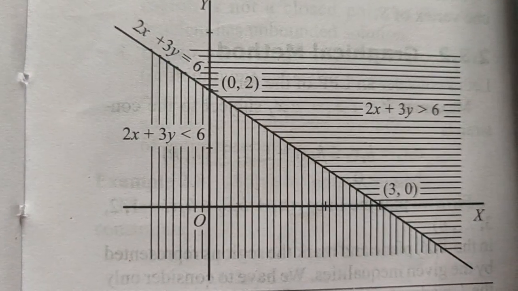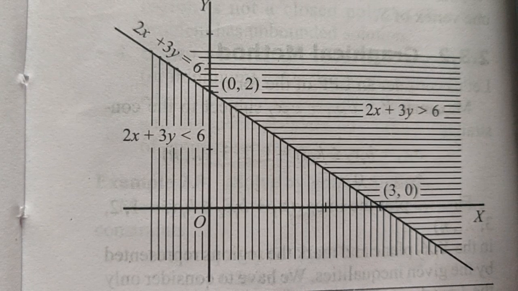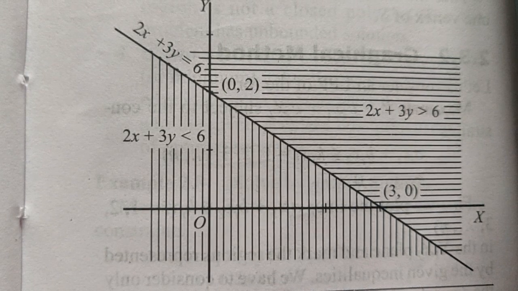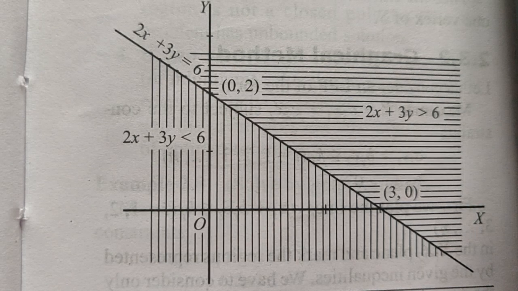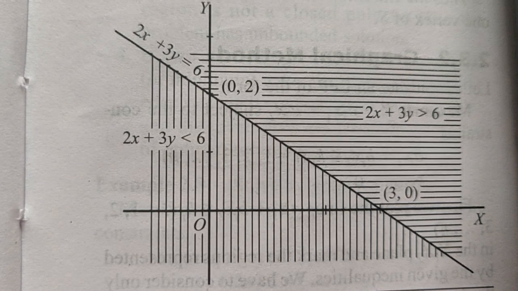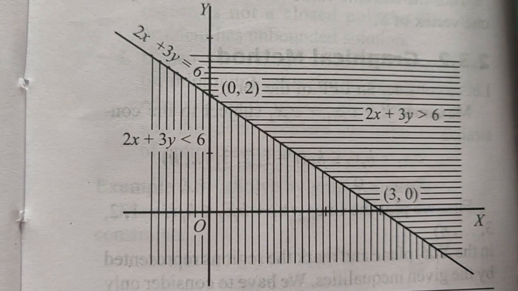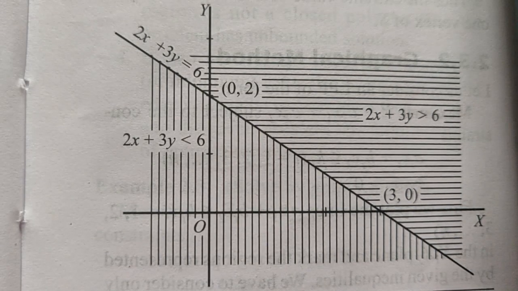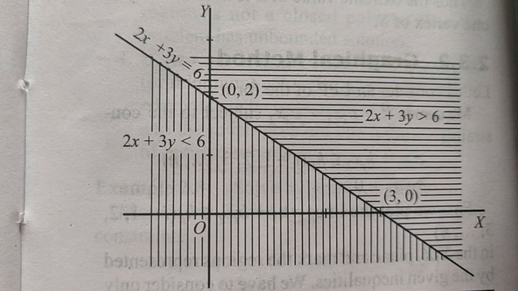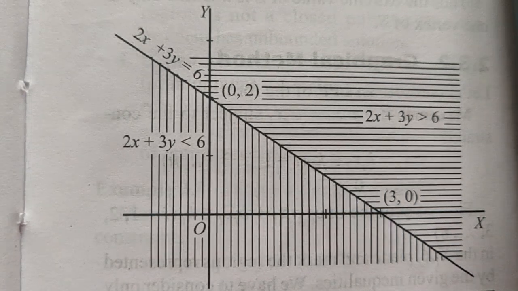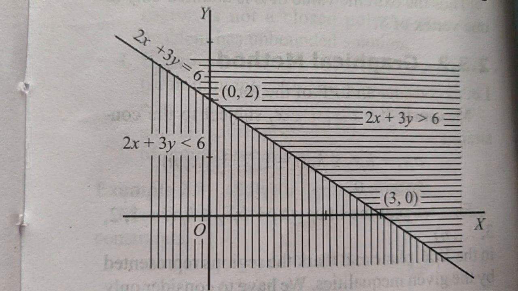So let us see, while using the graphical method of solution, how we identify the regions given by your constraints. We know that any first degree equation in x and y represents a straight line in the xy plane, or your normal Cartesian coordinate system, which you are familiar with.